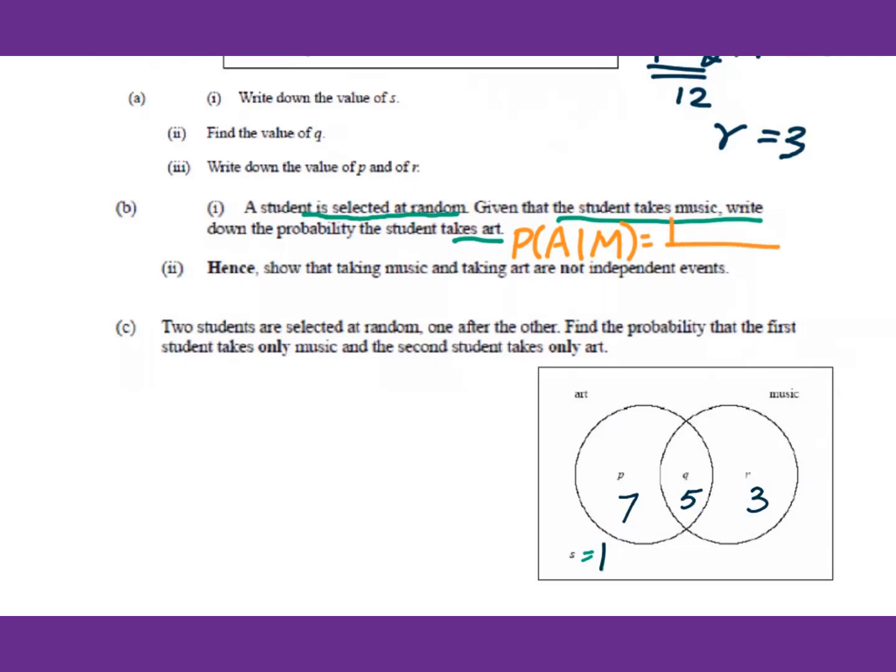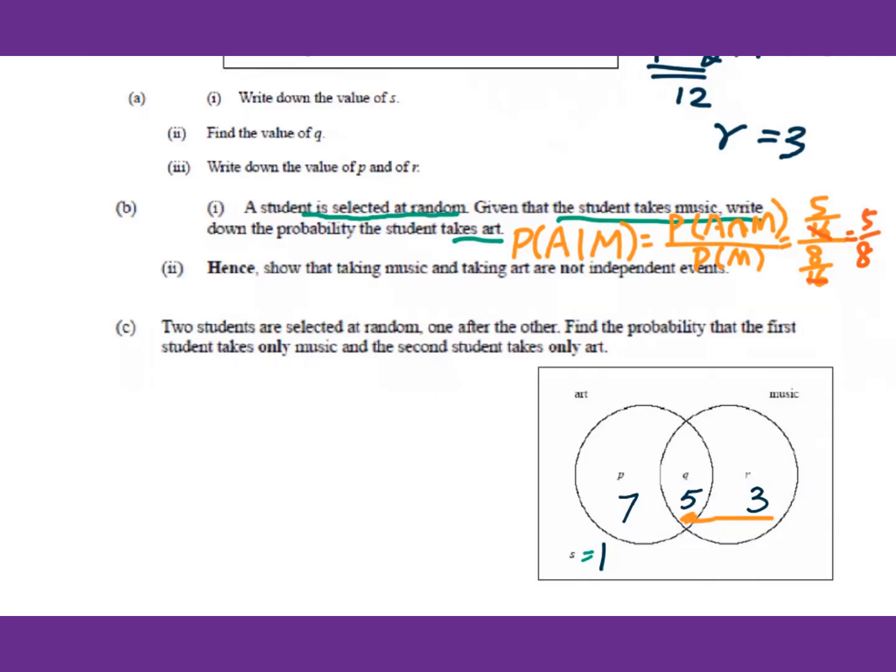You will get the probability of A intersect M over the probability of M. A intersect M is 5 over 16. Probability of M means 5 plus 3, 8 over 16. Reduce, you will get 5 over 8.